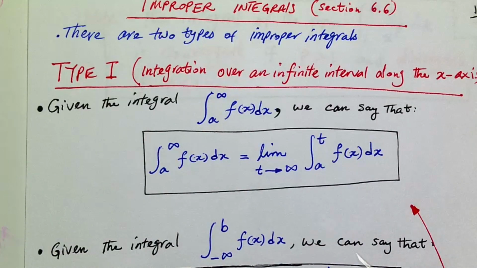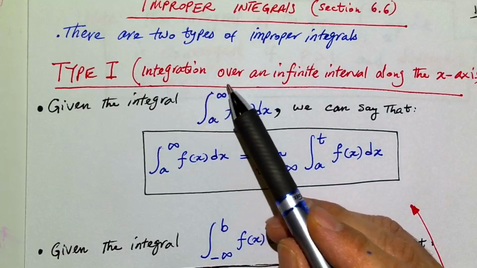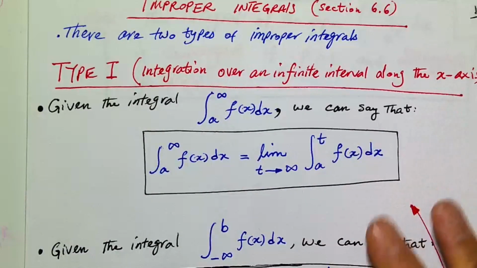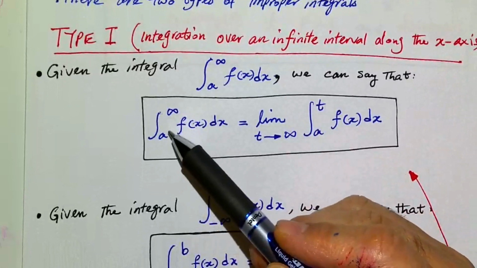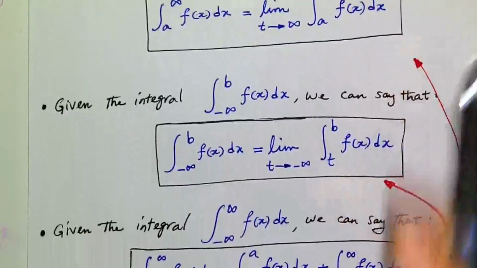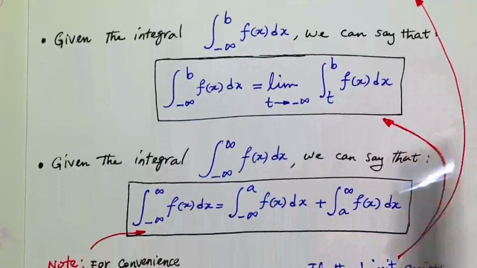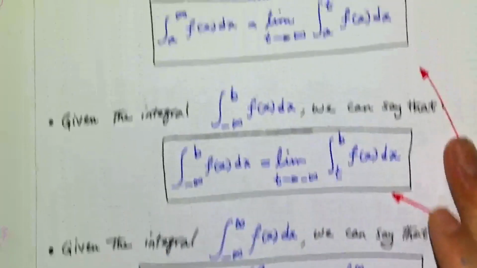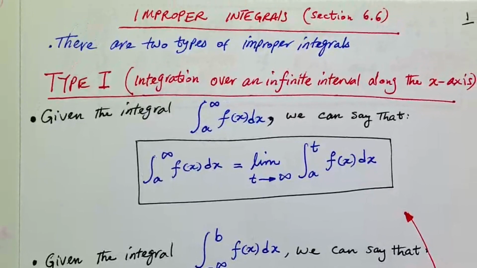So type 1 is when the integration takes place over an infinite interval along the x-axis. Of course, any one of these, a to infinity, minus infinity to b, and minus infinity to infinity, are all infinite intervals along the x-axis.